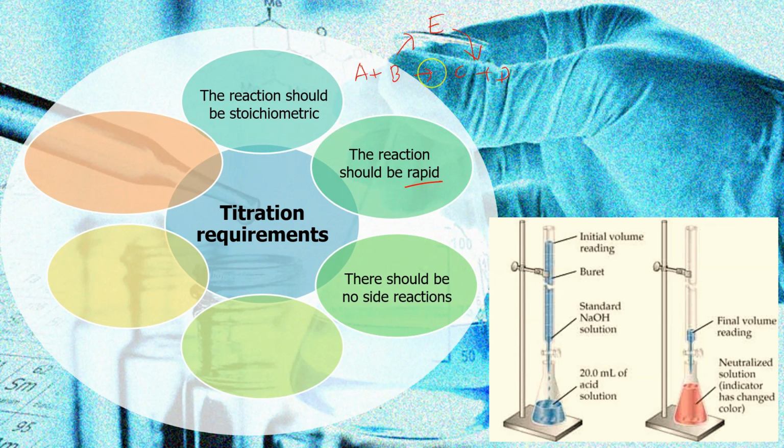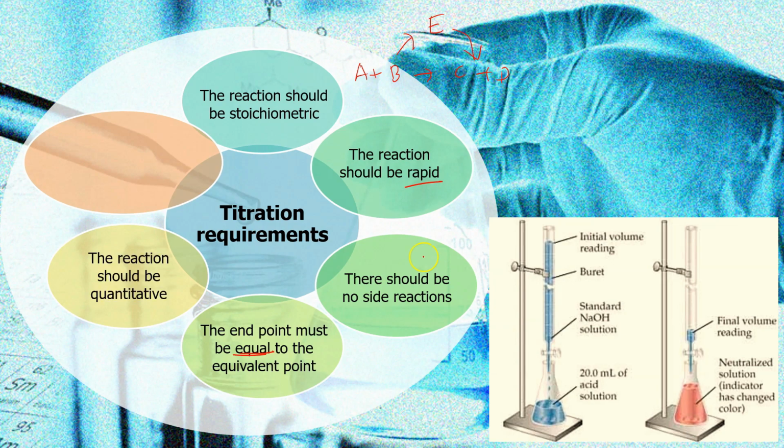C and D. The next requirement is that the endpoint must be equal to the equivalence point. What is the endpoint? What is the equivalence point? Later I will explain this. The next requirement is that the reaction should be quantitative. The volume used to reach the endpoint in the titration technique can be used to determine the concentration of the unknown solution.